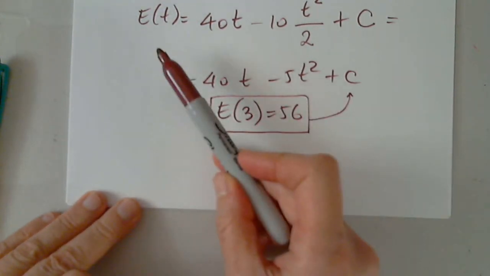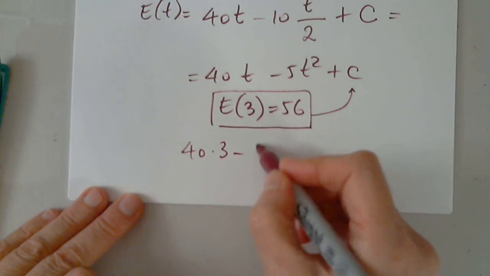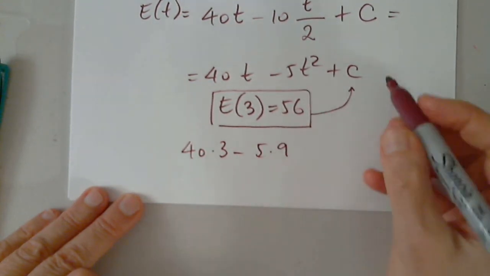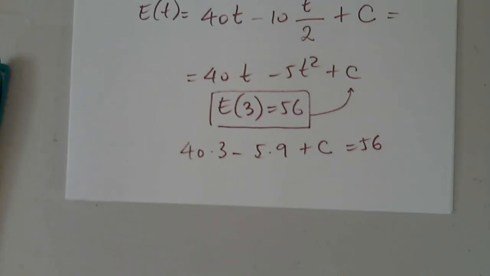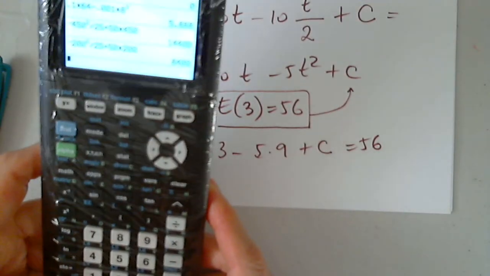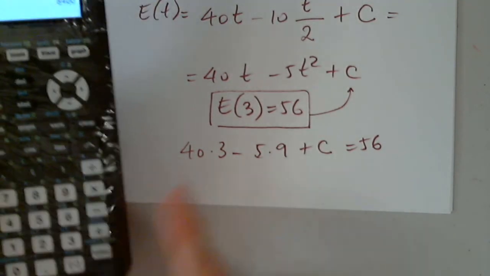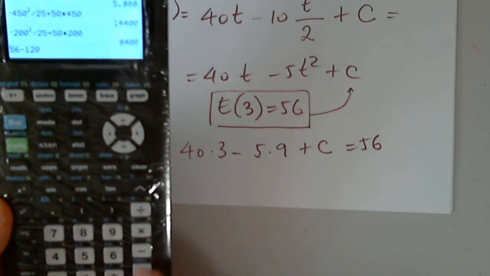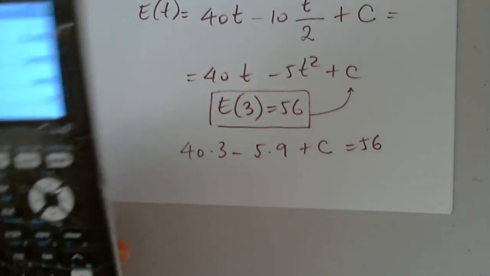This information is given basically to help us find c. So now in the function, I will plug in 3. So this is 40 times 3 minus 5 times 9 plus c equals 56. Lazy people use calculators, like me. So 56 minus 120, but plus 45. I got negative 19.